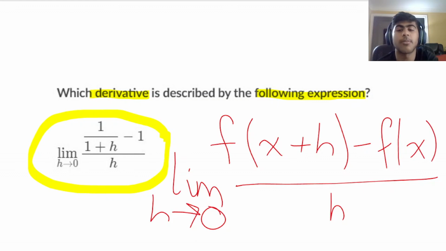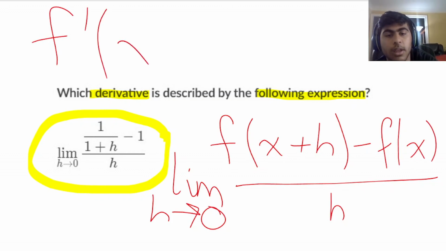So we're just putting up this entire equation to find f of x plus h minus f of x over h, the limit of that as h approaches 0. All we're really doing is asking for the derivative of f of x, right?